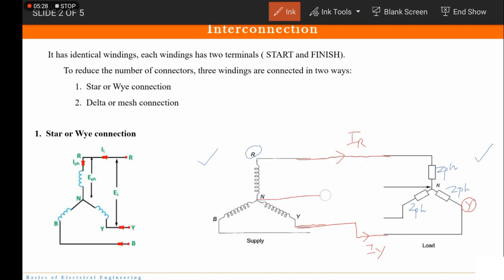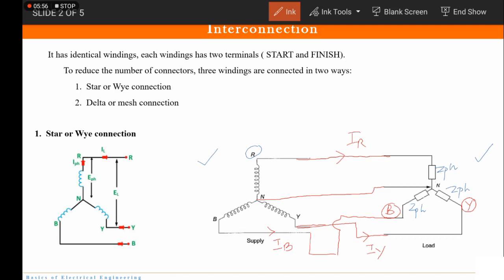Then we have to connect the neutral points together. So here we have connected the neutral points. Then the last connection is IB. So this is the B point or B phase. We will take this out here, and this is the B connection, and here the current which flows is IB.